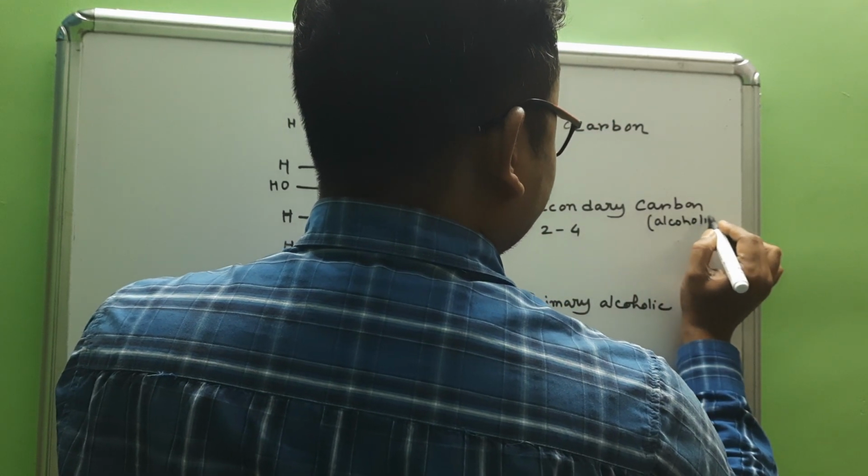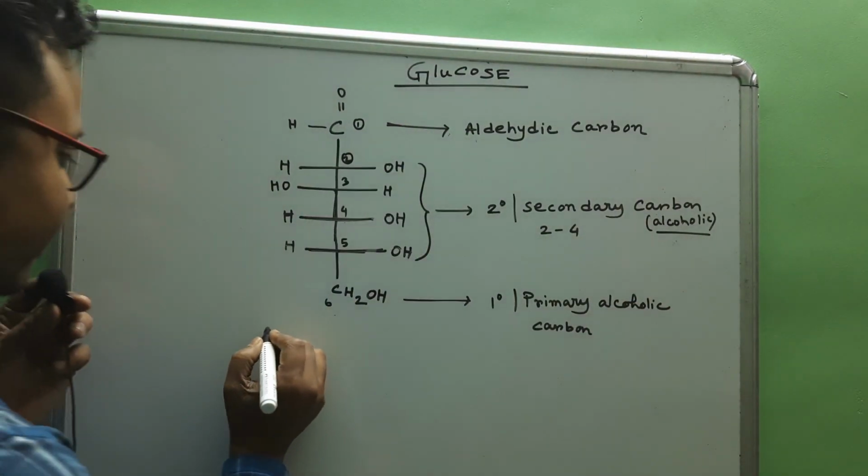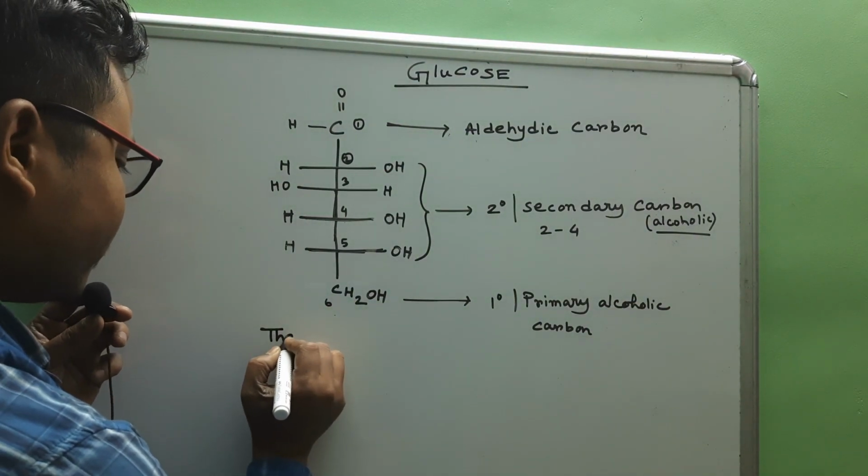So there are three different types of carbon atom in a glucose molecule.